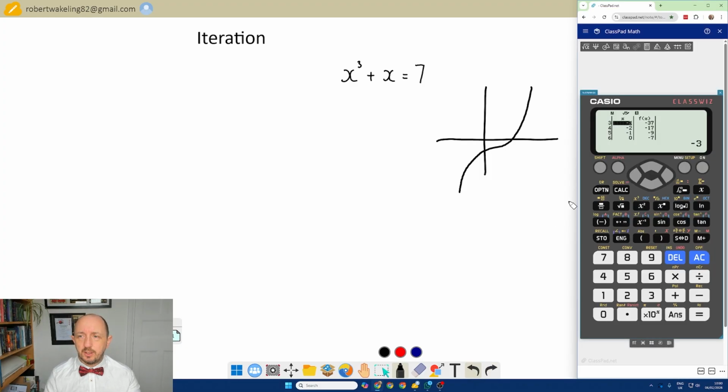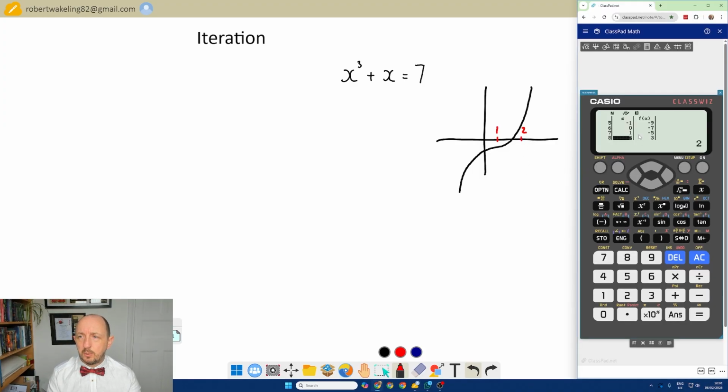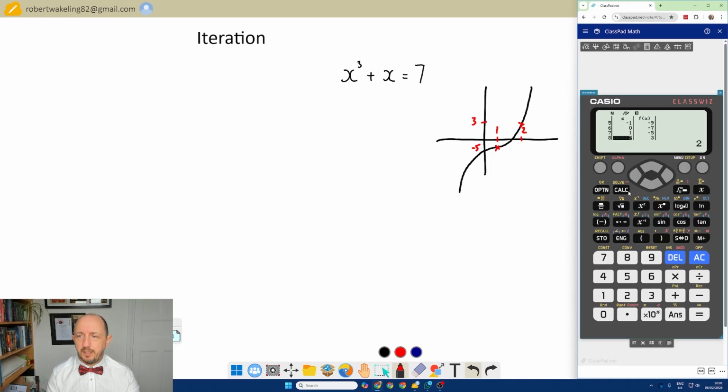Because we saw that on the graph, something interesting happened between 1 and 2. So between x equals 1 and x equals 2, the y coordinate became positive. It went from minus 5 here to 2 being plus 3.